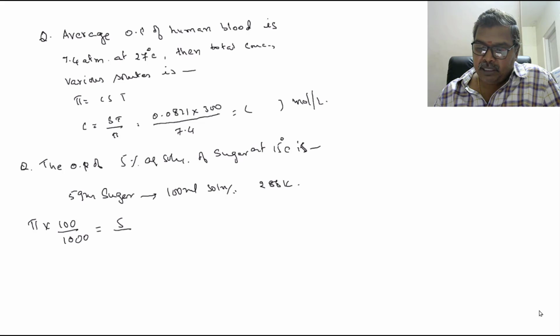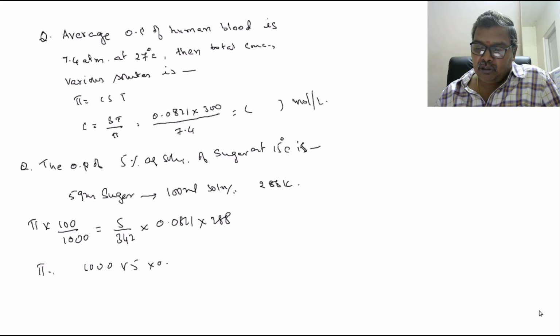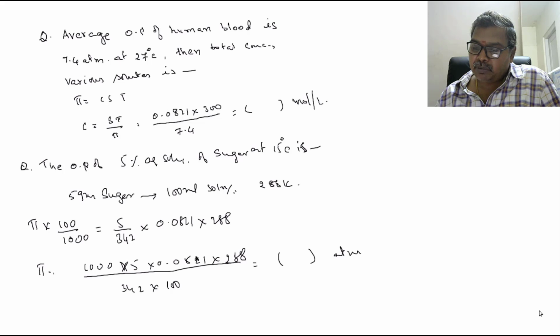Number of moles is 5 by 342, the sugar molecular weight, into 0.0821 into 288. So calculate the pi value: 1000 into 5 into 0.0821 into 288 by 342 into 100. So we will get the pi in atmospheres.